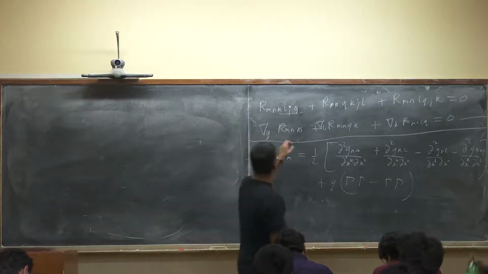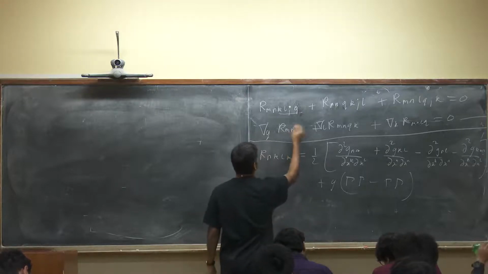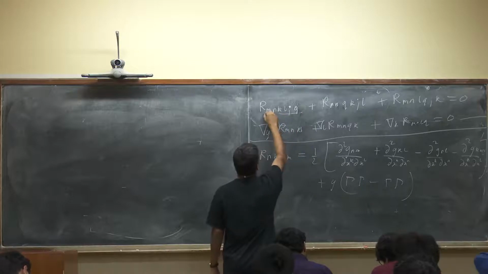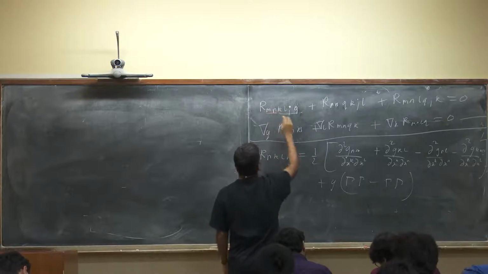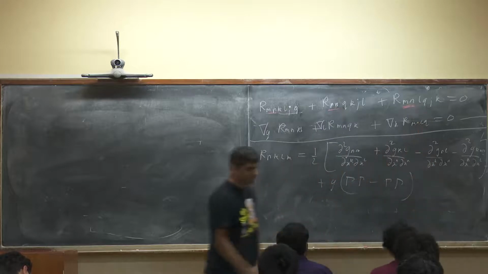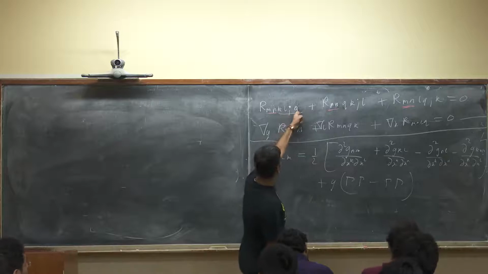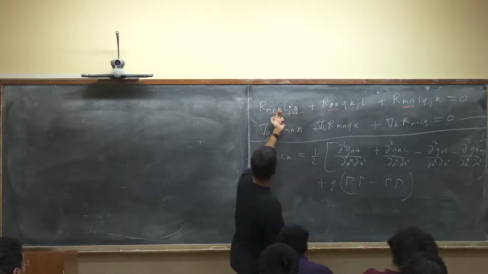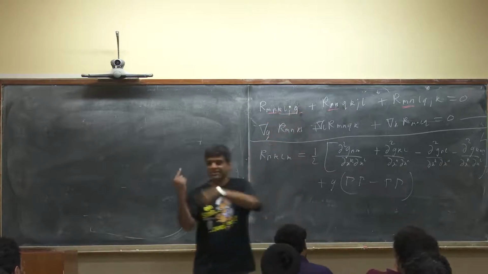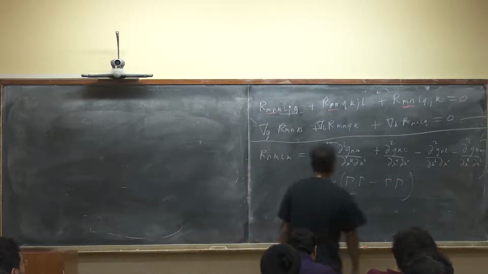What are we doing here? First, let's say the structure of this equation. What we're doing is keeping these indices frozen, and then we're taking a derivative and cyclically summing over the last 2 and the derivative index.